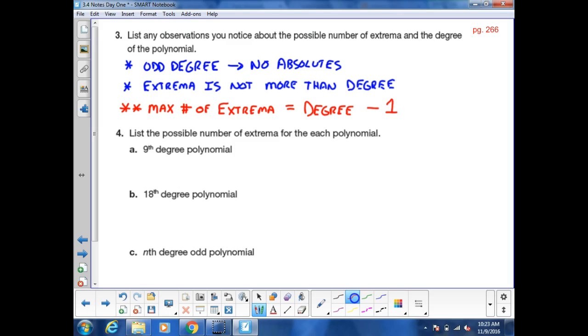And then the other possibilities, they always differ by 2.